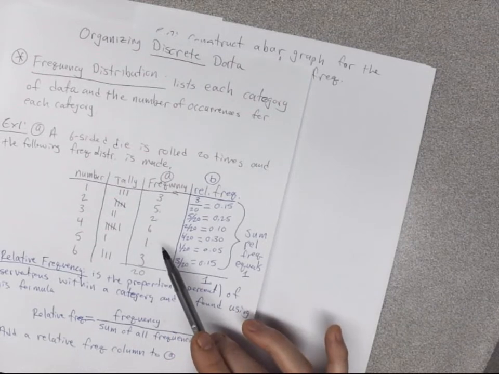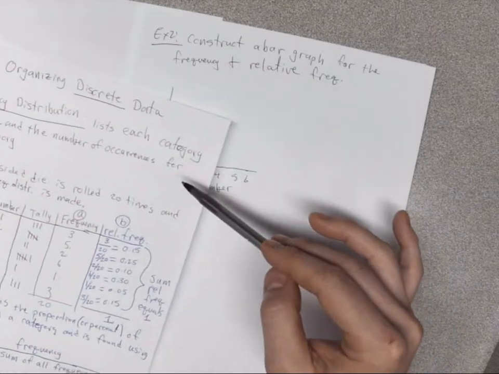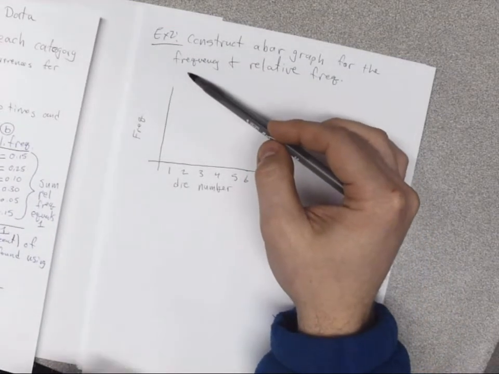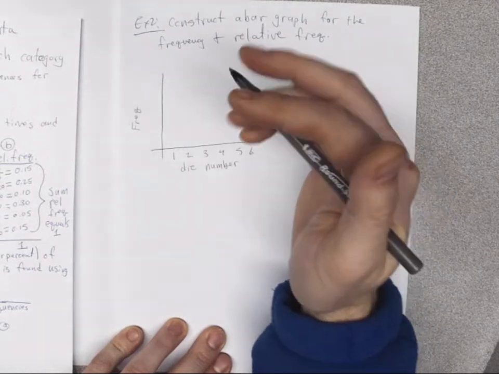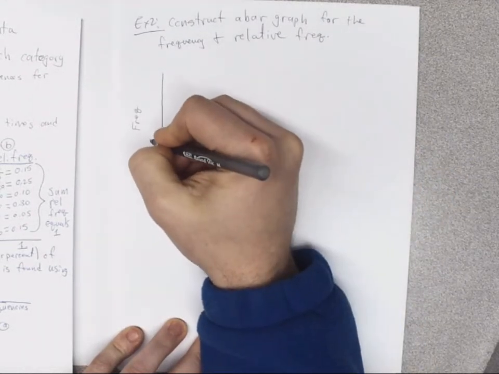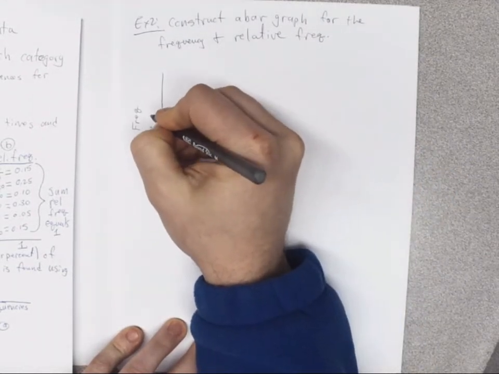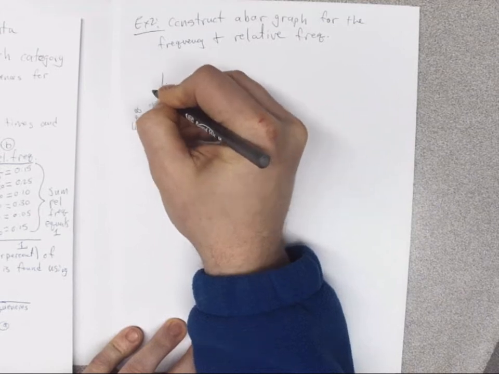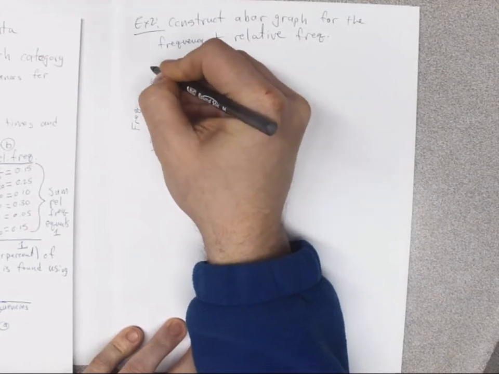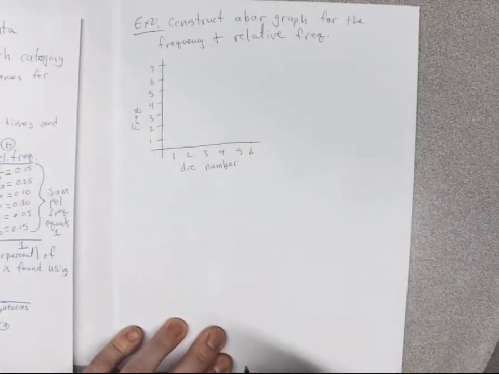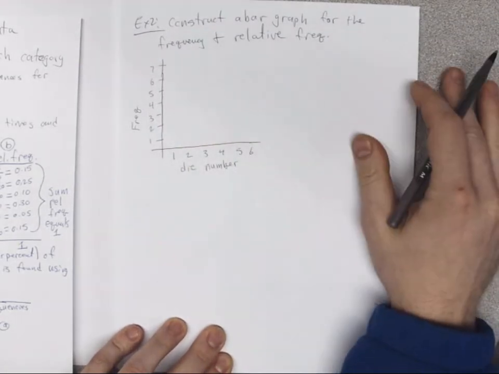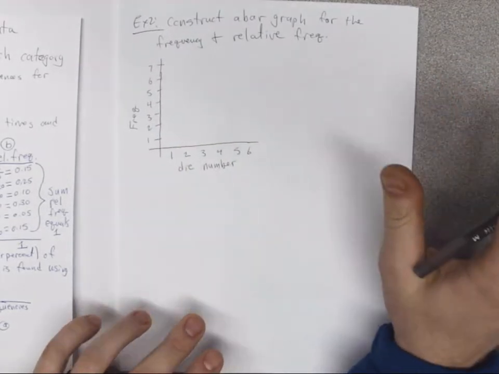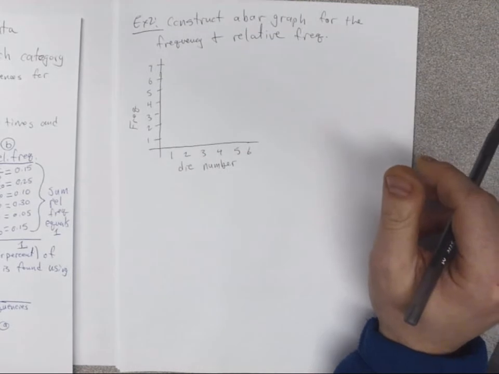So typically, when you're drawing your charts, you want to go one extra number, so you have a little room. So we want to do 1, 2, 3, 4, 5, 6, and 7. I know the highest number was 6, so I went up to 7. It just makes things a little easier to read in the long run.